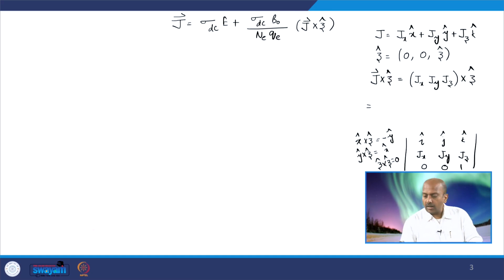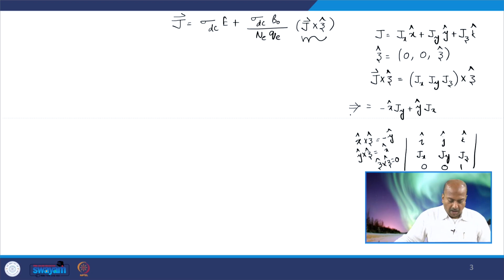So effectively we can write this curl as minus x cap Jy plus y cap Jx. So this is what I am talking about, right?